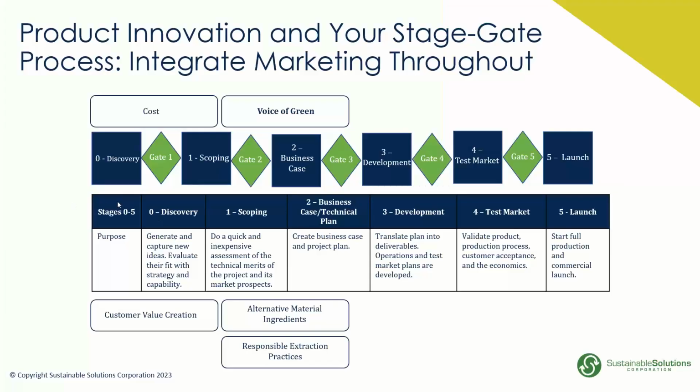So remember, we talked about the stage gate process, product innovation. It's really important to integrate your marketing throughout that process. If you notice here, we are definitely looking at cost and then voice of green showing up here. These are all the different stages and gates in a stage gate process. So we typically try to integrate things throughout.